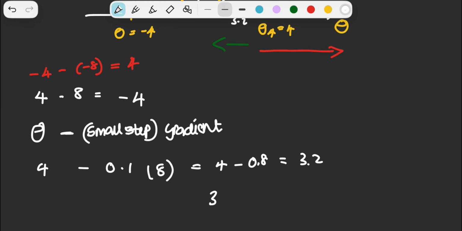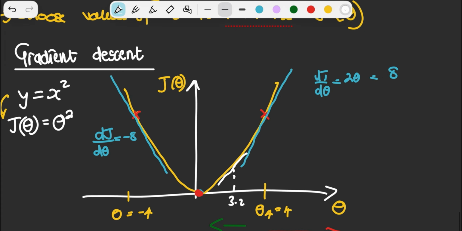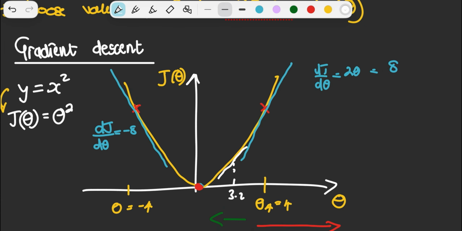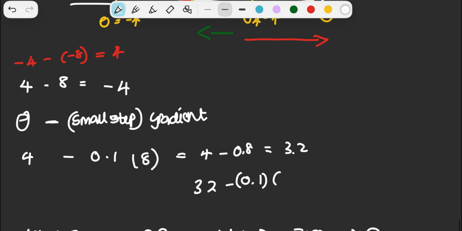So we now have 3.2 minus 0.1 times the gradient. The gradient when we have 3.2 times 2 is going to be 6.4.